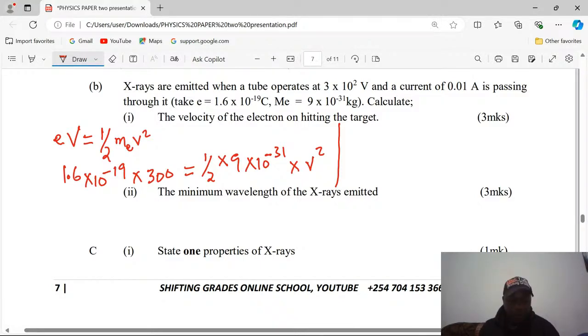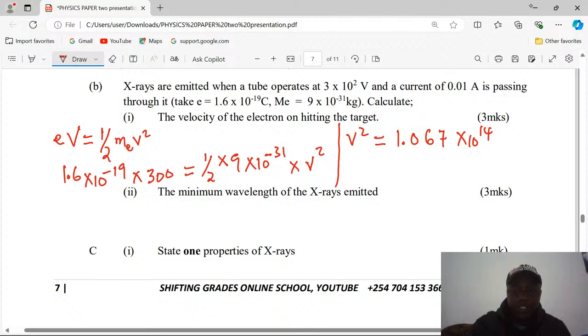With this we can take square roots, because v squared equals 1.067 multiplied by 10 power 14, which means to remain with v we need to obtain the square root.